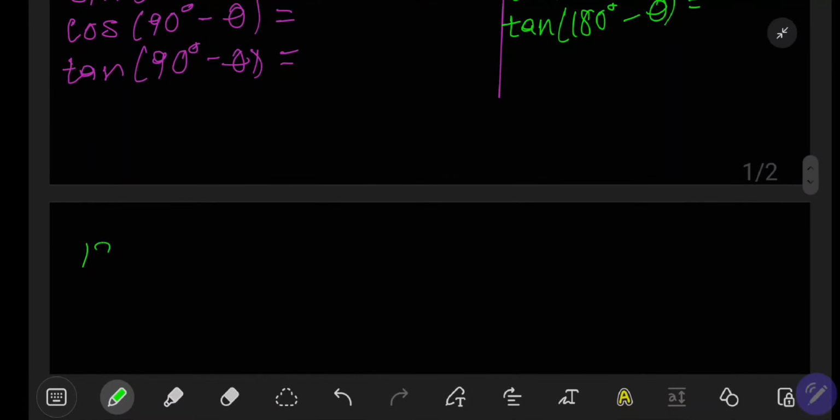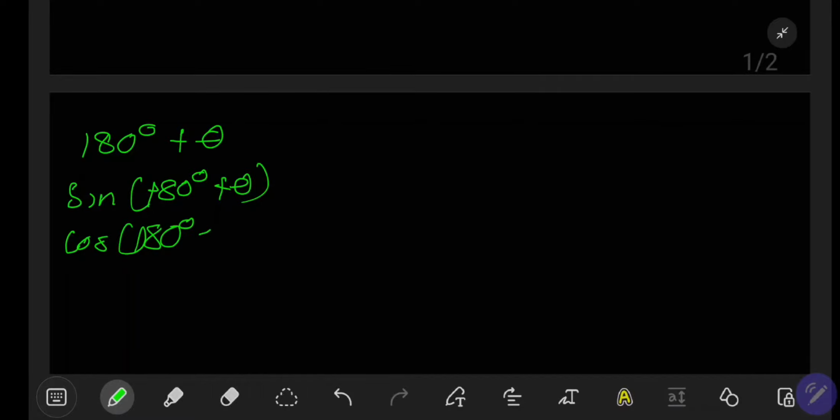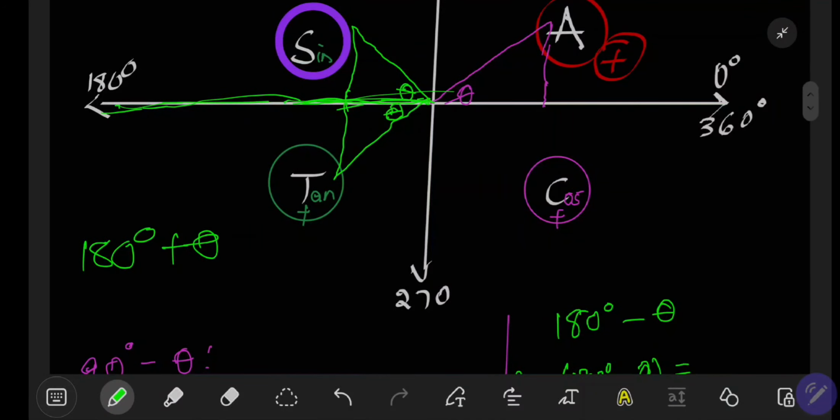So the third quadrant is 180 degrees plus our reference angle. So it means we are going to have sine of 180 degrees plus theta, and then we have the cos of 180 degrees plus theta, and then now we have our tan of 180 degrees plus theta.